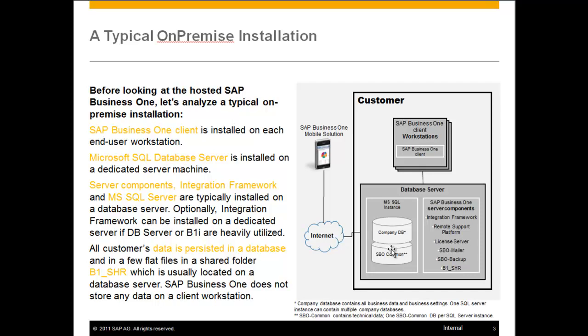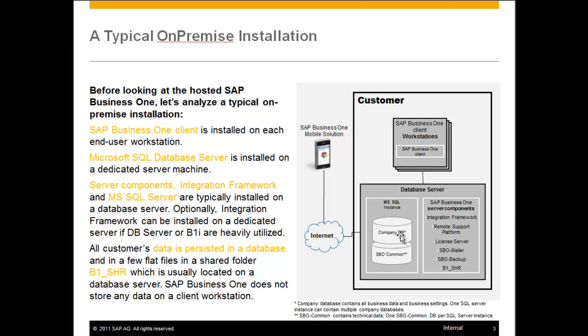But of course, you can have as many software solution partner applications, these complementary solutions, stored with the SBO Common as you like, and the administrator then determines which of those software solution partner, I'm going to call them SSPs from now on, which of those SSP applications will be used with which company database.